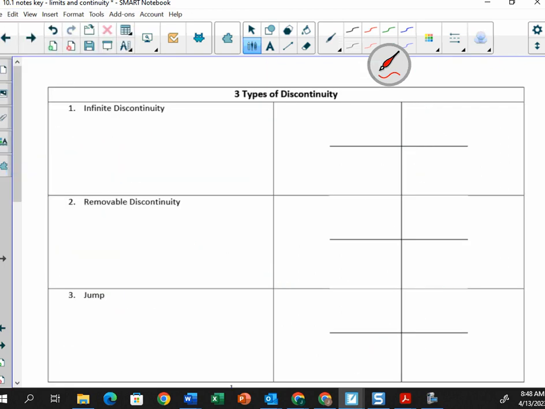All right, guys, discontinuity. Three types of discontinuity. So, infinite discontinuity, guys, that is an asymptote. That happens when the denominator equals 0.